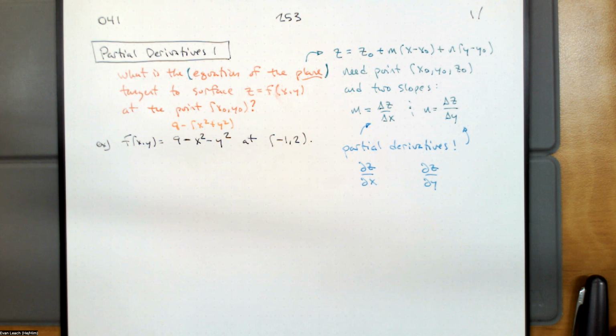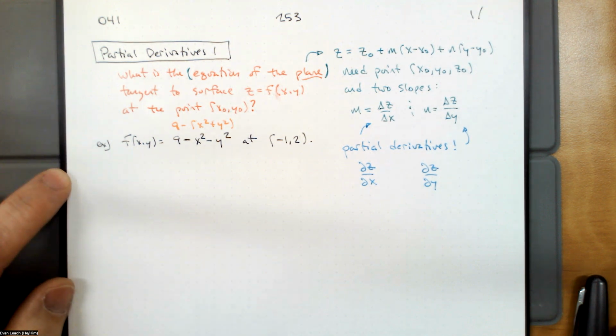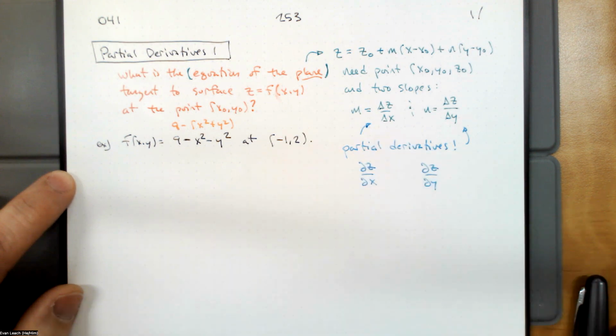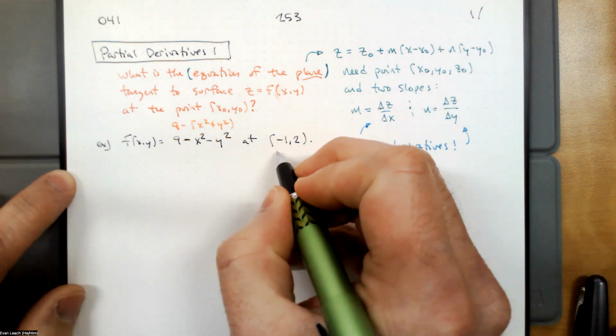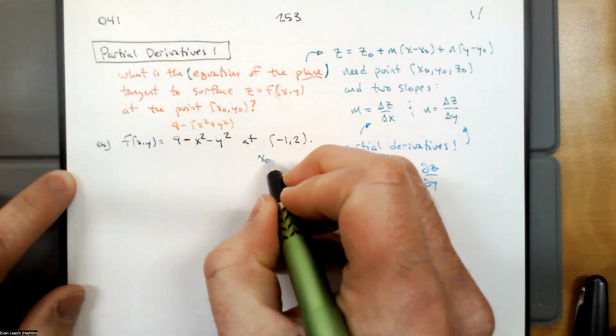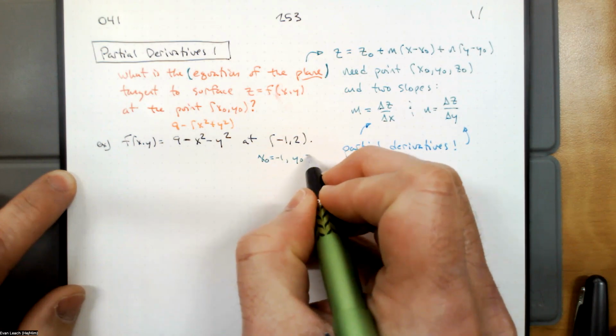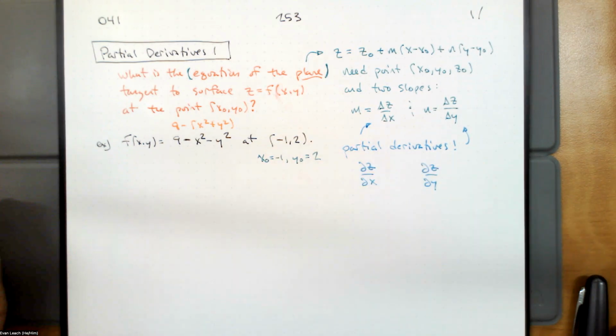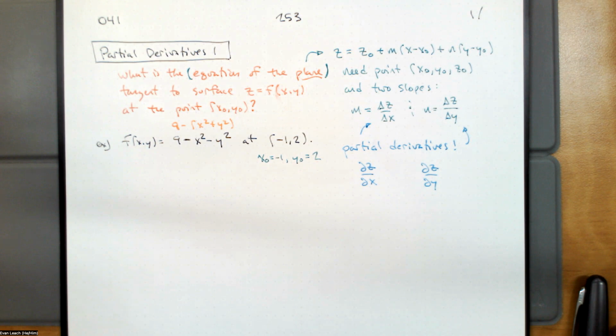So let's find the equation of the plane tangent to this surface at the point -1, 2. So the -1, 2, that's our x naught and y naught. One of the things that we need for the equation of a plane is a place to start.